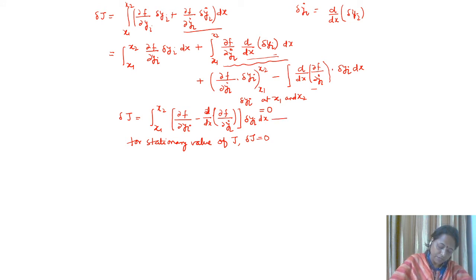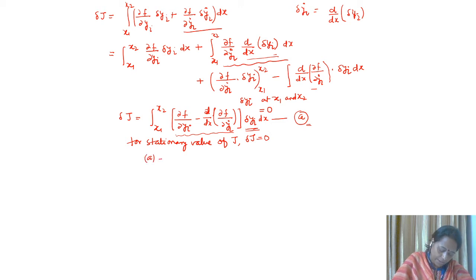So this implies, for this integral, suppose I am giving it the number A, because delta yi is true for all virtual displacements of y, it will be true only when the integrand is 0. Secondly, delta yi may be represented in terms of the eta function, and eta is a well behaved function. So by the fundamental lemma of calculus of variations, the integrand should be 0.